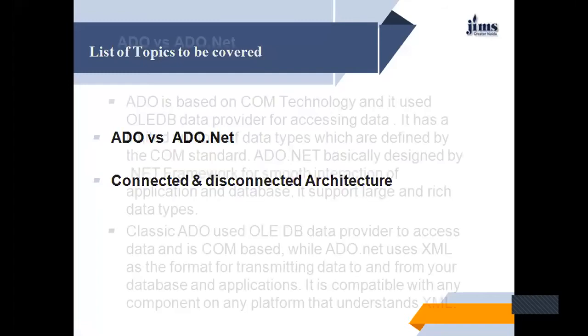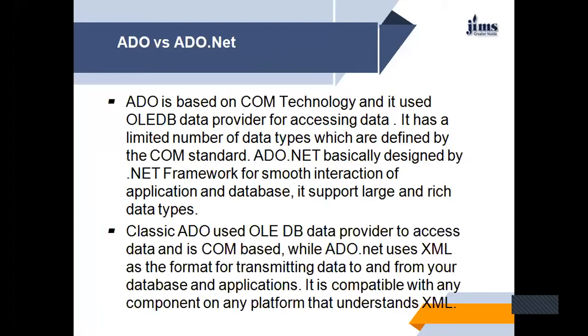ADO is based on COM technology and it used the OLEDB data provider for accessing data. OLEDB is Object Linking Database. It has a limited number of data types, which are defined by the COM standard.